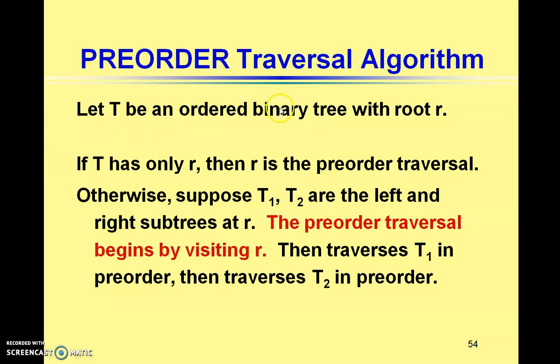T is the ordered binary tree with root R. If T has only a root R, then the pre-order, in-order, and post-order traversal is just R. Otherwise, T1 and T2 are the left and right subtrees of R. So then you just go, depending upon whether it's less than R or greater than R. The pre-order would always look to the left. T1, then R, then T2.